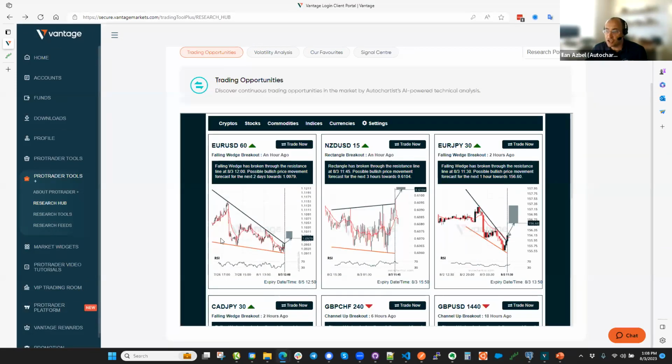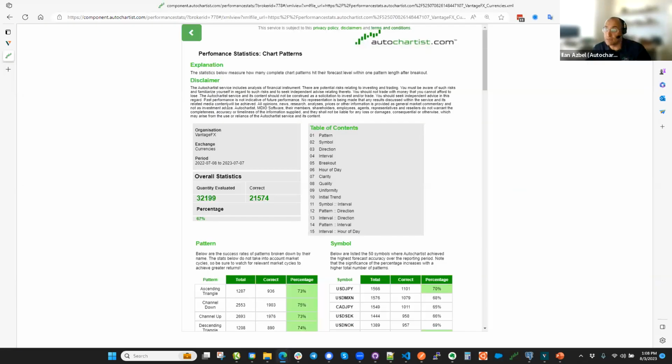Those are these kinds of chart patterns, right? You have a support level and a resistance level and a target area. So what we're looking at in these statistics is these kinds of breakout patterns. Over the last year, we've identified about 32,000 of these, of which 21,500 reached their target level. Overall, that's a 67% hit rate of hitting the target level.